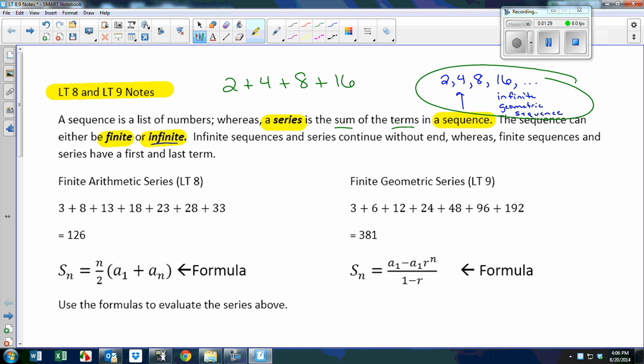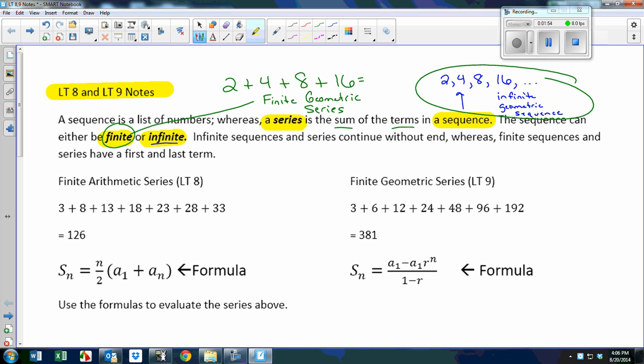Now that's a series, and it's a geometric series. But since I didn't put the dots at the end, since I stopped at 16, that's an example of a finite series. So this is a finite geometric series. And again, a series is just a sum.